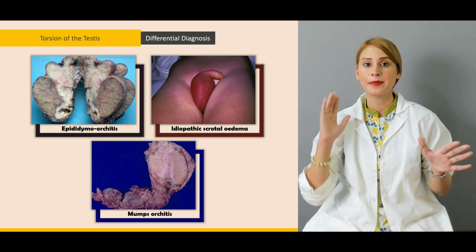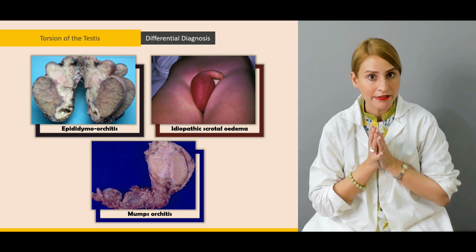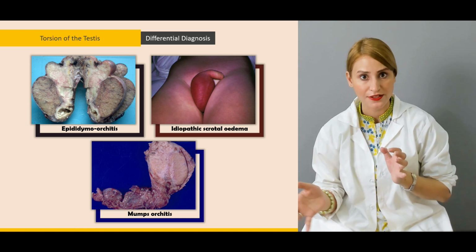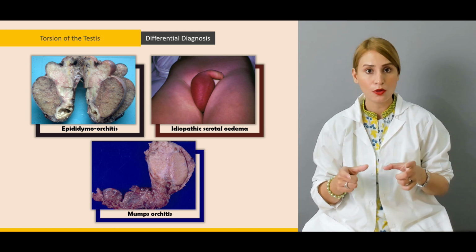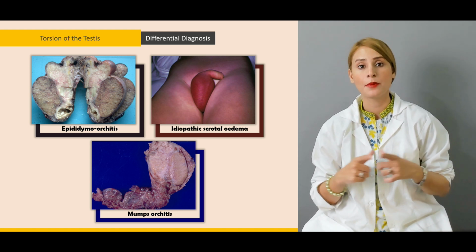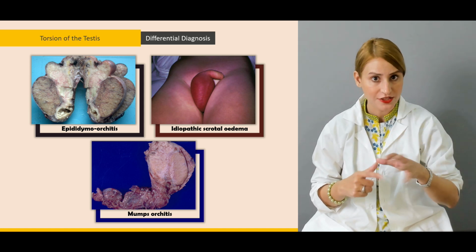And you can also think about the hernia, because sometimes the indirect inguinal hernia comes into the scrotum and presents as an inguinal scrotal swelling. So you should always perform an important clinical examination, whether you can get above the swelling or not.